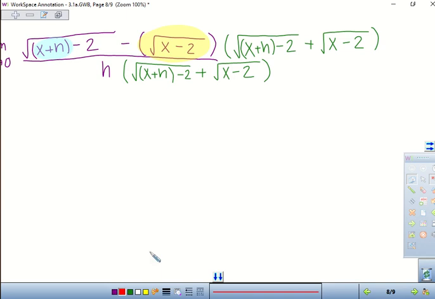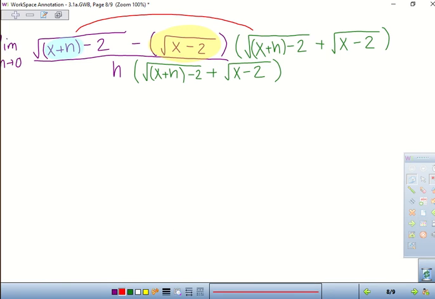And now I want to multiply the top out. Does anyone remember that when you multiply conjugates, do you need to do all the 4 steps of FOIL? No, you only have to do first and last, because the middle terms are always going to cancel. Mhm. So I have to multiply the first times the first.